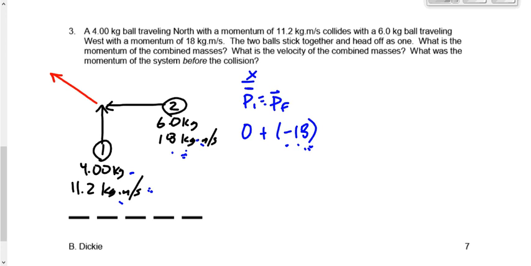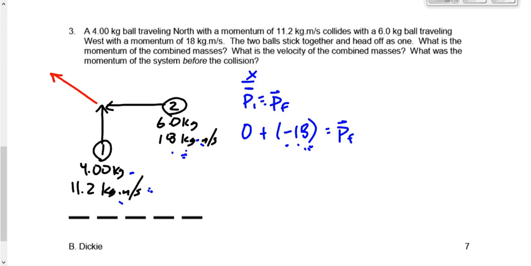If you want to find the velocity by dividing by mass and then turn around and multiply by mass again to find the momentum again and get 18, just like we have right here, go ahead and do that. But it's a lot of work that's not necessary where you have the momentum given to us. This is meant to be an easier question, not a harder question. PF, the final momentum is, let's call it PF.